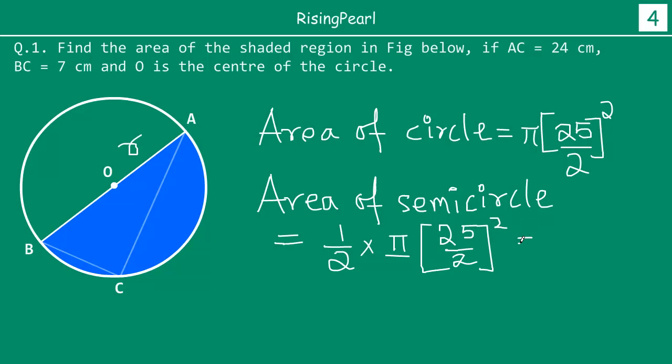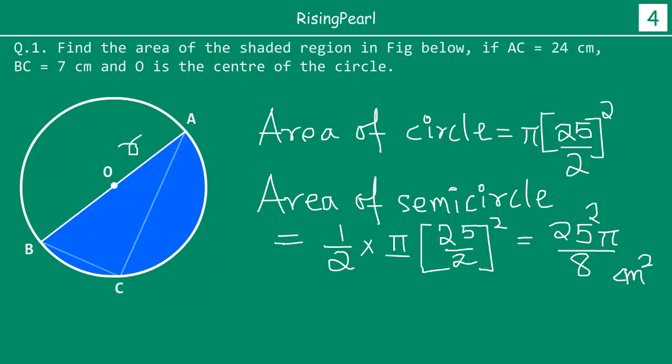So if you were to simplify this, and we will keep it still in the pi form, we will see that it will be 25 square times pi divided by 2. Now this 2 will become 2 2s are 4 times 2 is 8. So this area of the semicircle is 25 square pi divided by 8, this much centimeter square. That is the area of the semicircle.